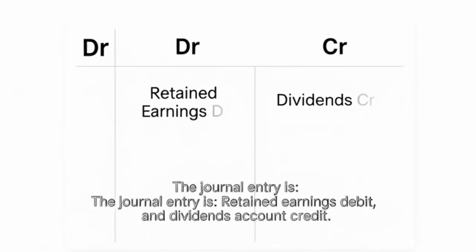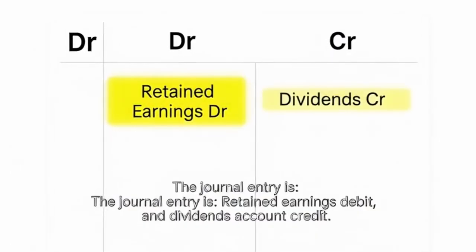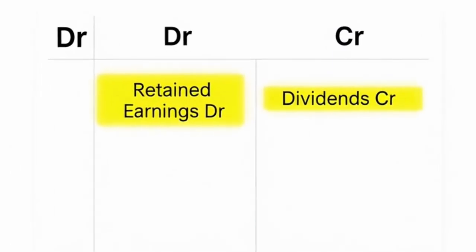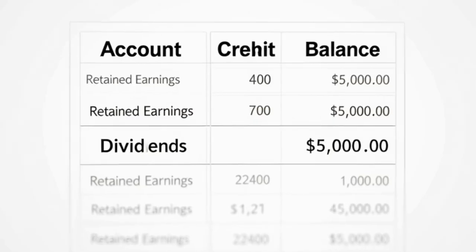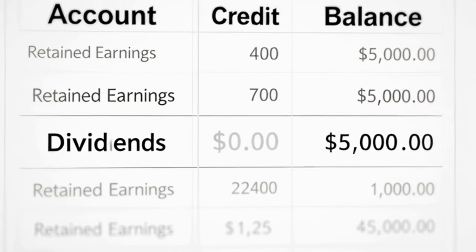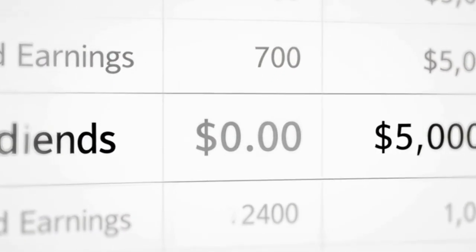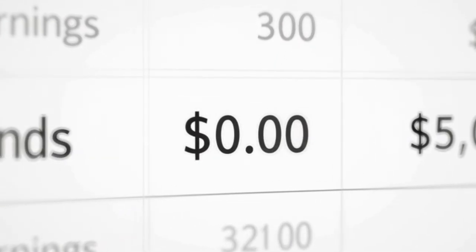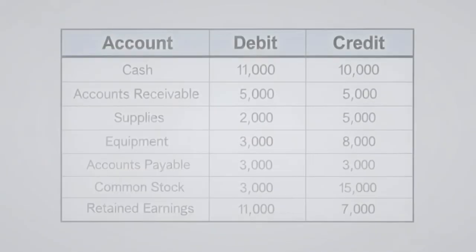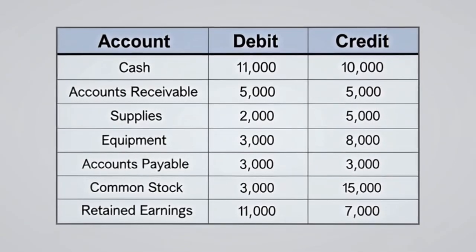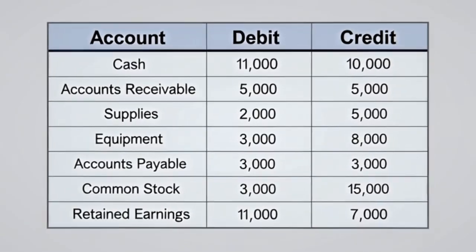The journal entry is retained earnings debit and dividends account credit. After closing, the dividends account also becomes zero. After all closing entries, we prepare the after-closing trial balance.